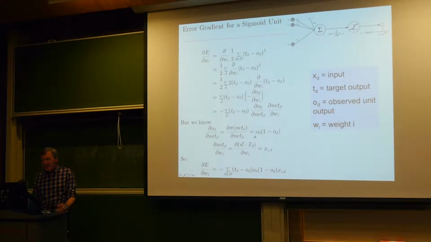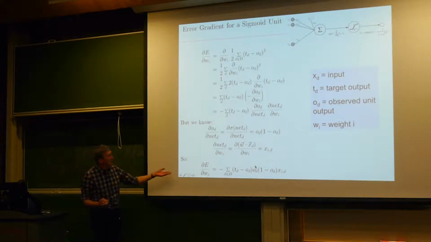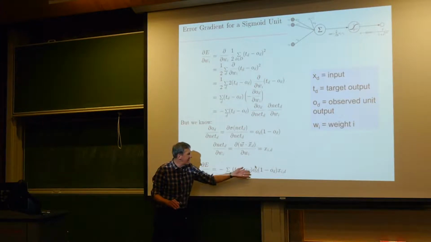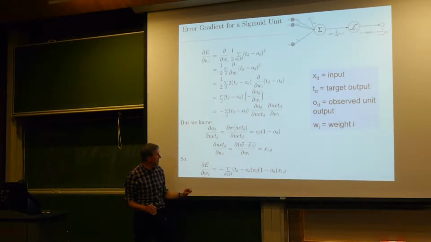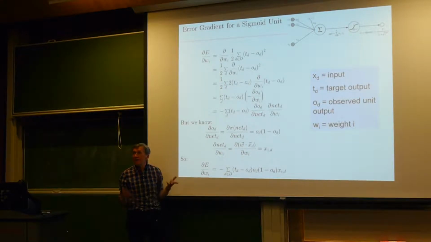And now we can take advantage of that nice property of the sigmoid function, that its derivative is just its output times 1 minus its output. And so eventually that gives us this very simple formula for the gradient of the squared error with respect to weight wi of the unit.